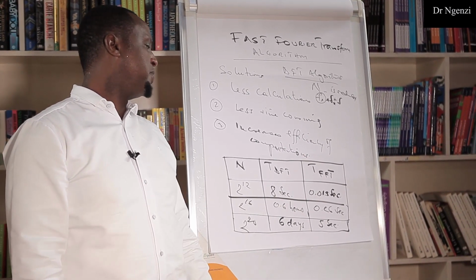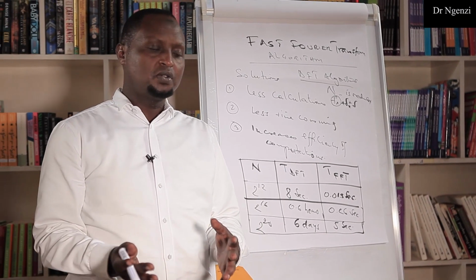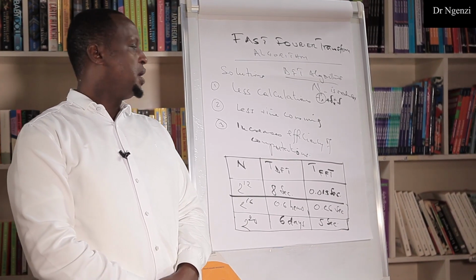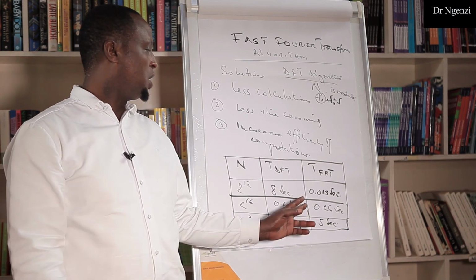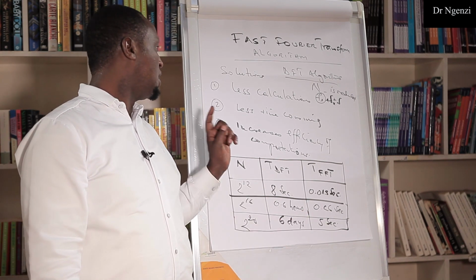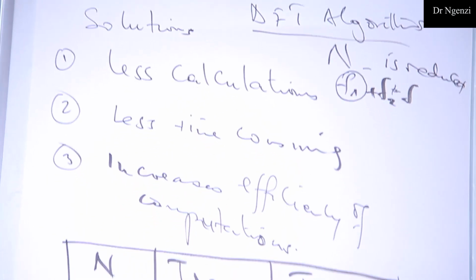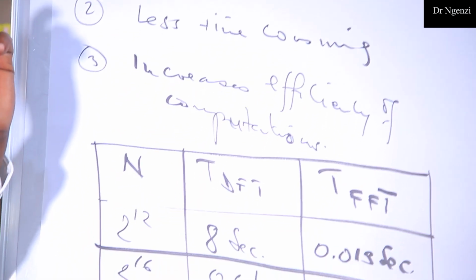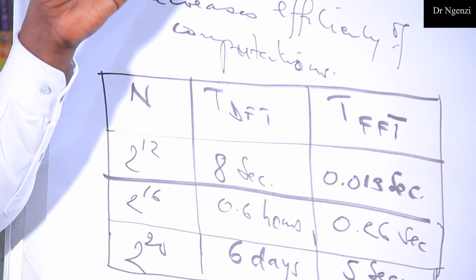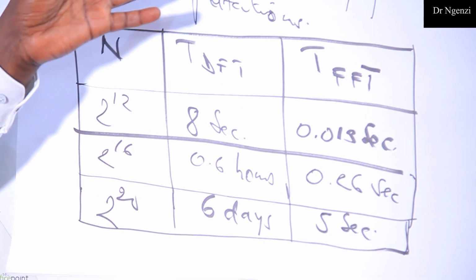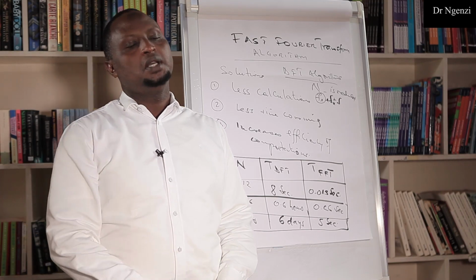So you can see this column for FFT is very, very small, and therefore it's very useful to understand that this algorithm works very effectively in terms of computational calculations, time consumption, and the efficiency of the system.